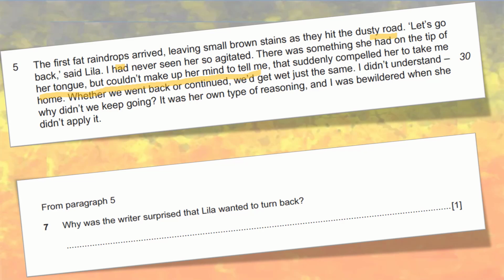"It was her own type of reasoning, and I was bewildered when she didn't apply it." So why was the writer surprised that Leela wanted to turn back? Here you have to tell the reason, because so far the writer has known about Leela that she never changes her plan.